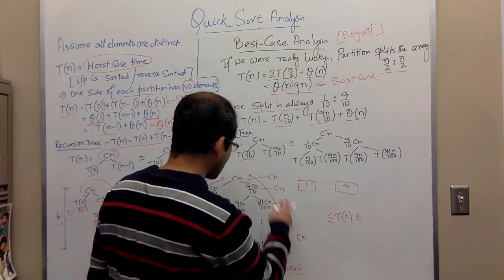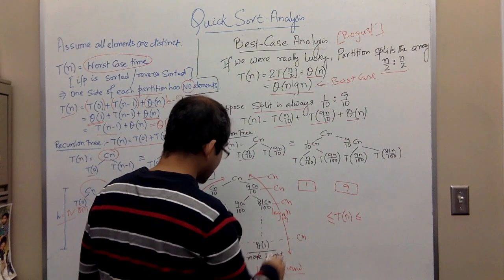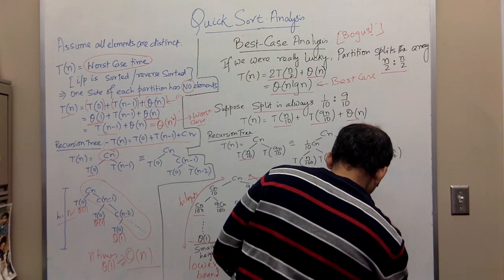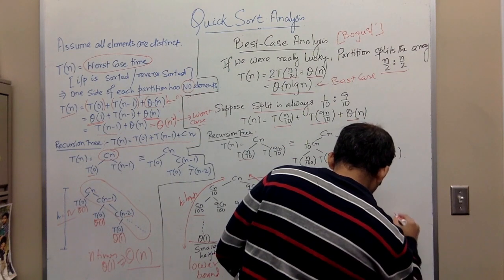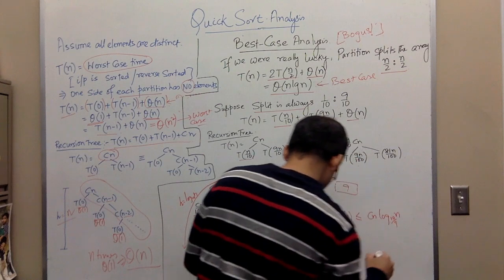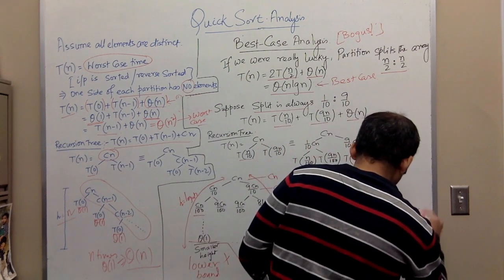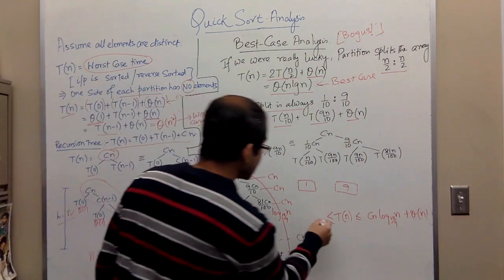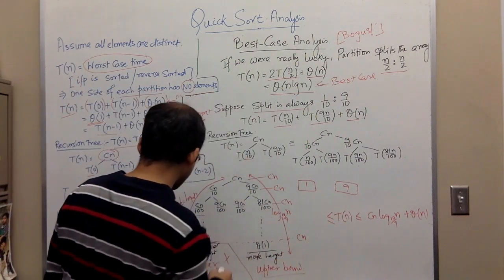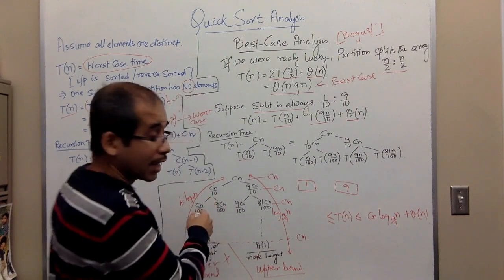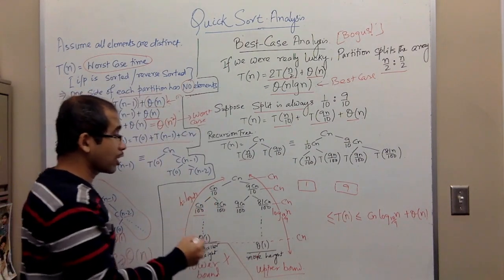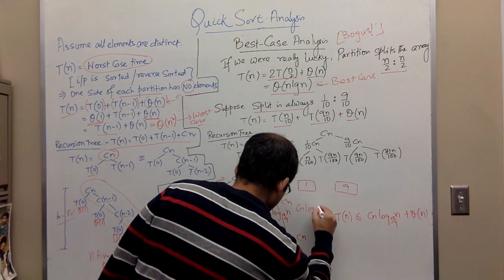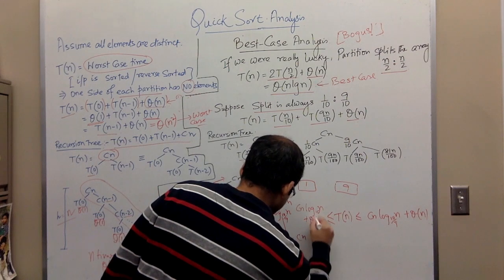So the upper bound will be Cn times the height, so Cn log n to the base 10 by 9 plus theta n. Theta n is all the leaves in total. And Tn is higher than this side, which is Cn log n to the base 10 plus theta n.